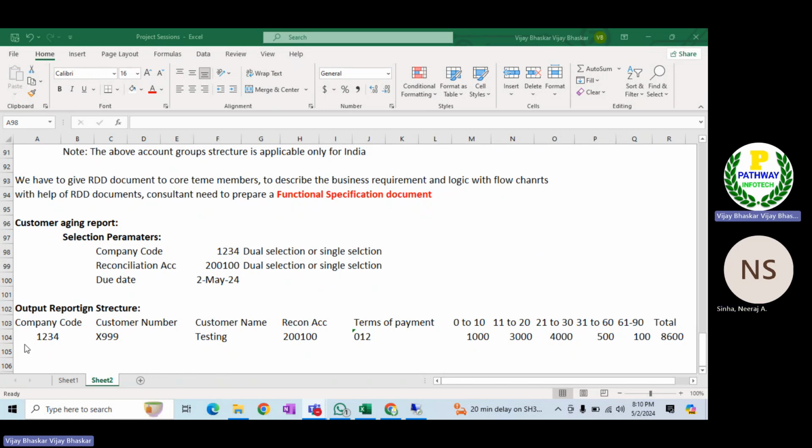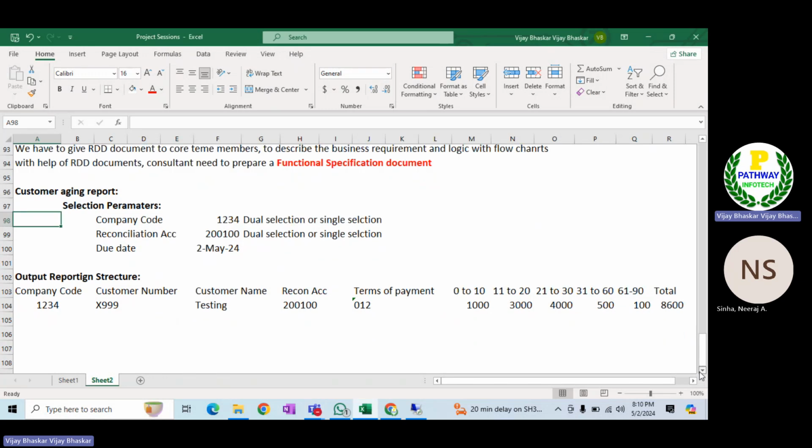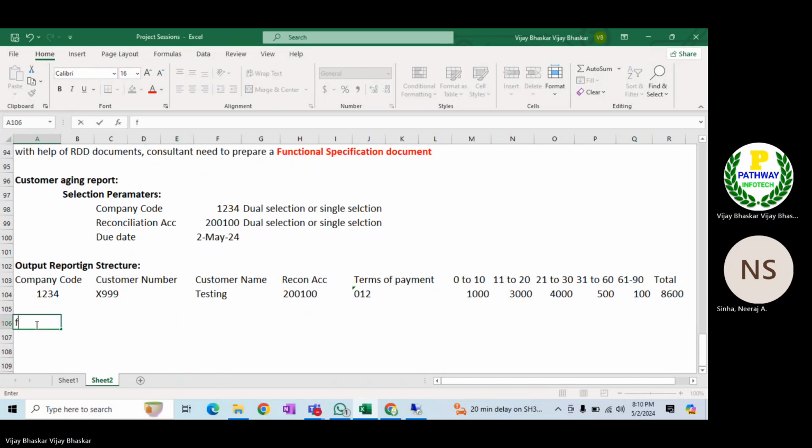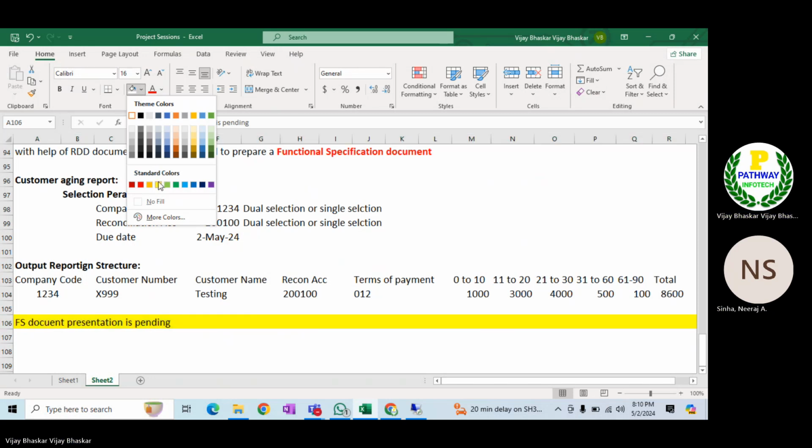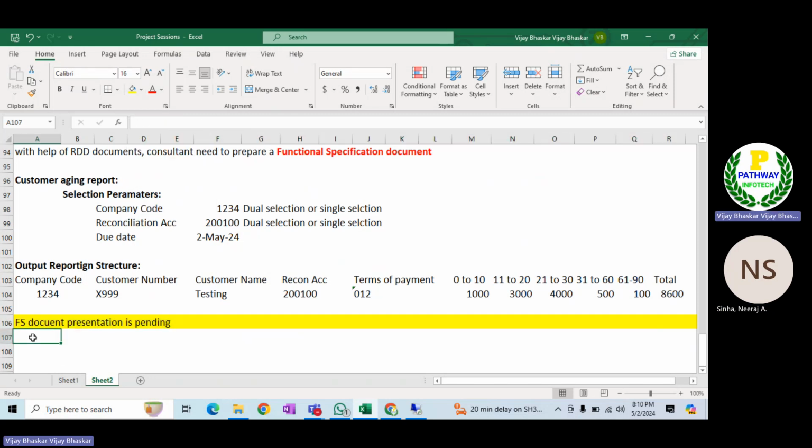Up to now, based on the functional specification document, I'll put it here: FS document presentation is pending. This document I'll show you in tomorrow's session.